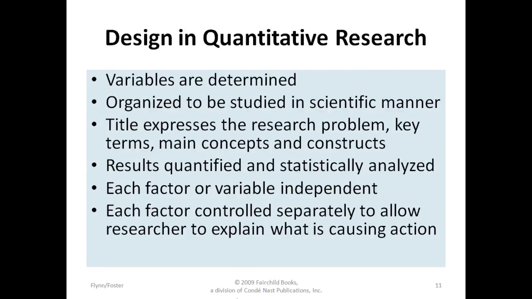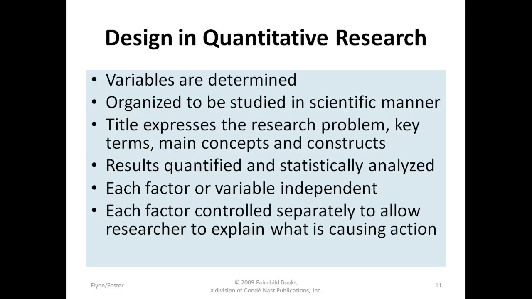So looking at design in a quantitative research study, your variables are determined, they're organized to be studied in a scientific manner, and as we've already talked about, your title needs to express the research problem. It should contain the key terms, the main concepts, and the constructs.